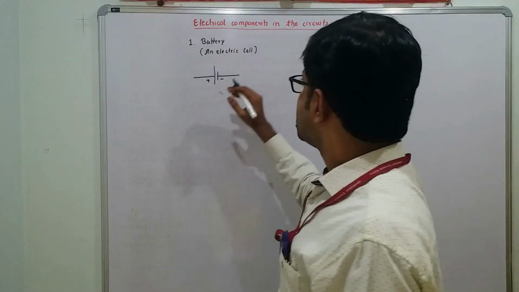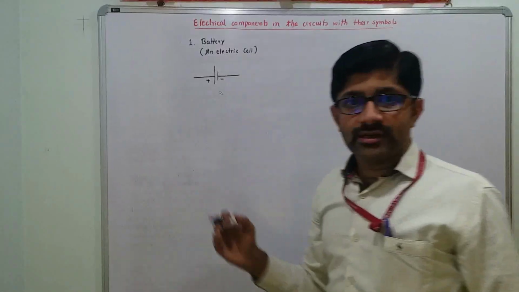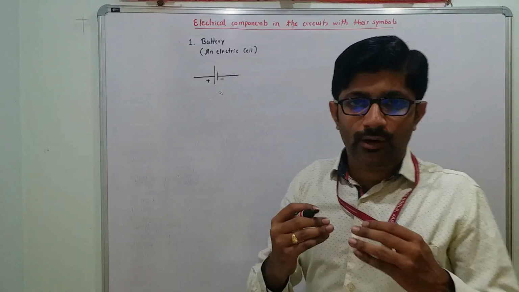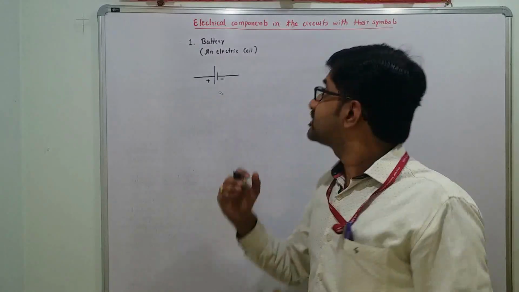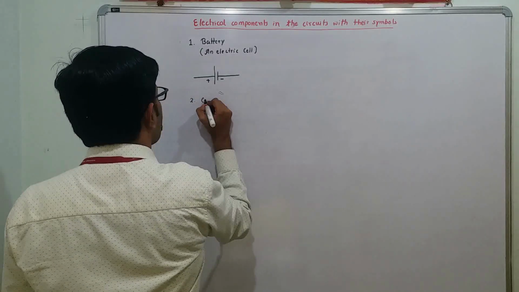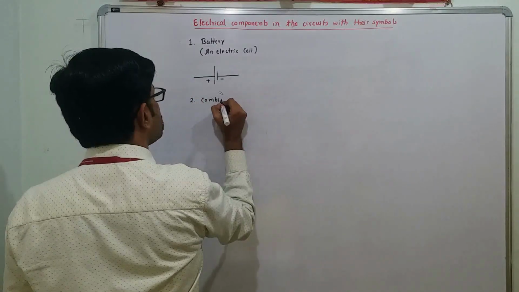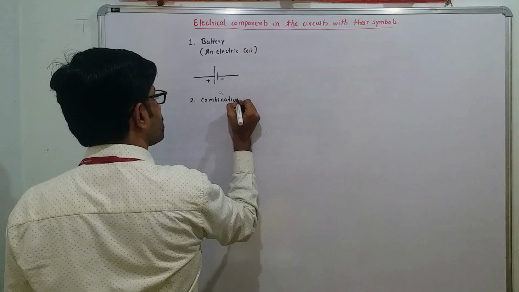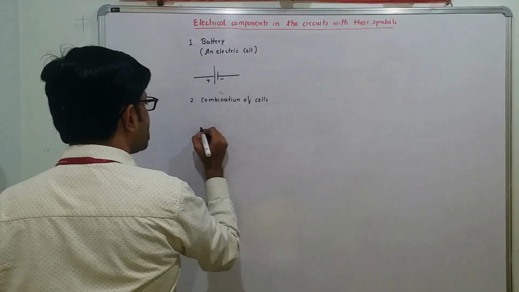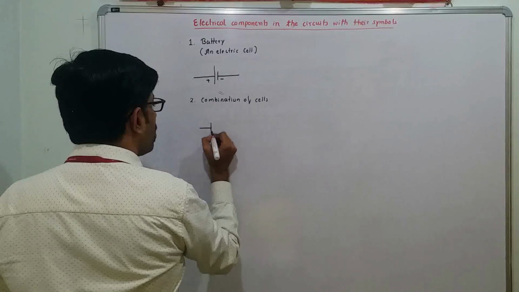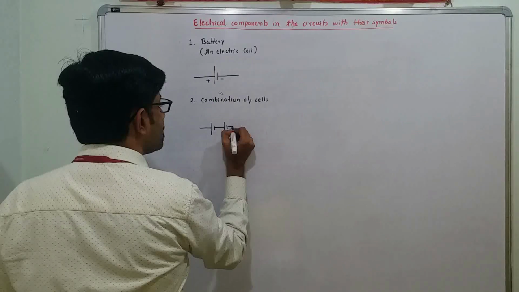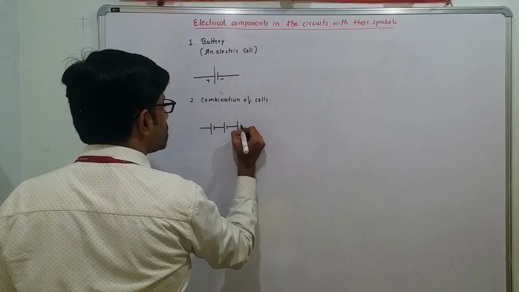Now if you connect in combination, generally to get more potential difference, people connect cells in series like this. Second one, that is the combination of cells. I am considering three different cells connected in series like this.